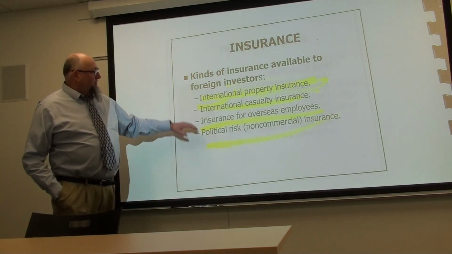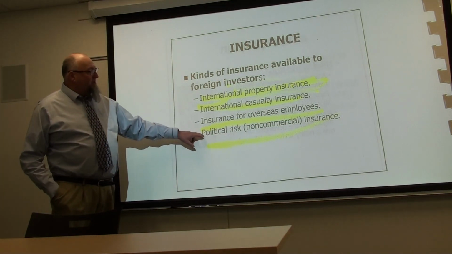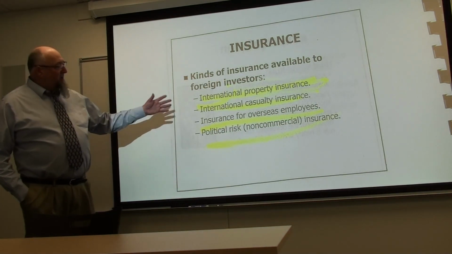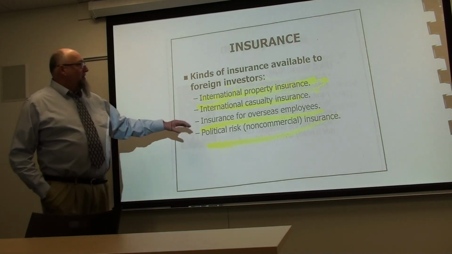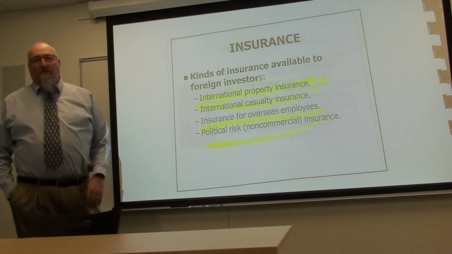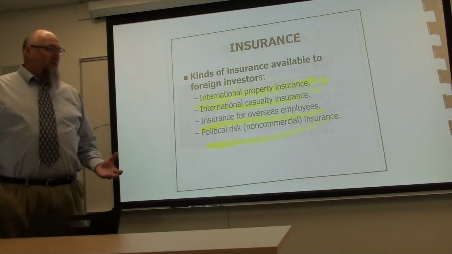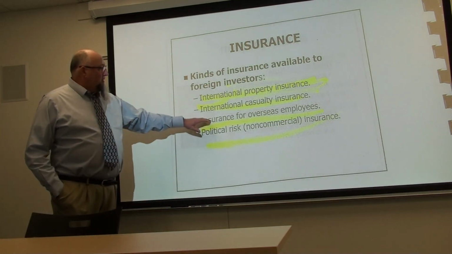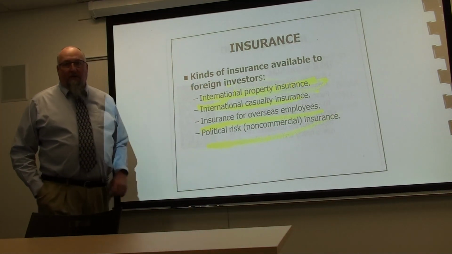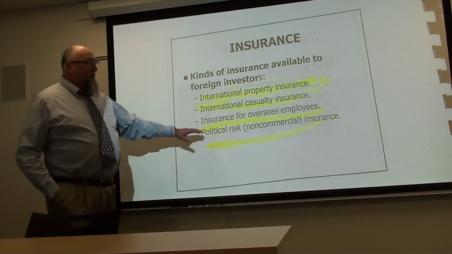The one that we want to look at first of all here is what's called political risk insurance. But there are various different types of insurances. International property and casualty insurance would be for events involving a fire or a natural catastrophe such as an earthquake. You also want to look at insurance for your employees overseas, and then political risk insurance.